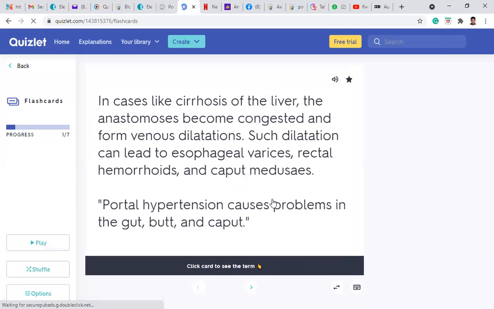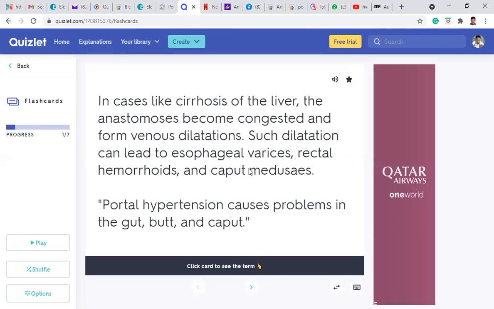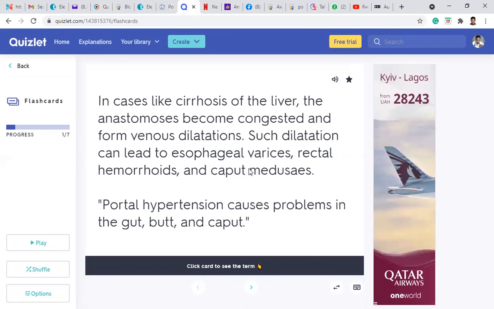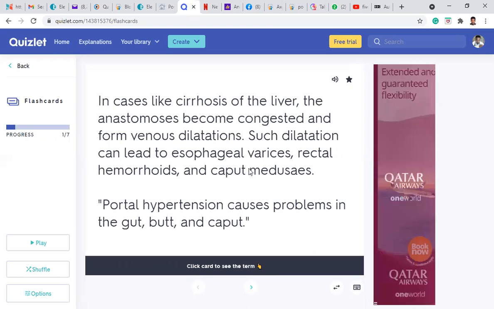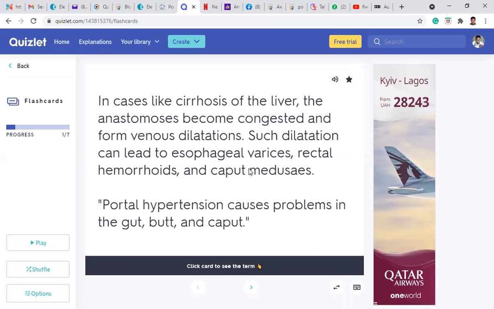Okay, so portal hypertension, we said, is caused by liver cirrhosis. The major cause of portal hypertension is the cirrhosis of the liver. But we also said that we could have what we call extrahepatic cause of portal hypertension.